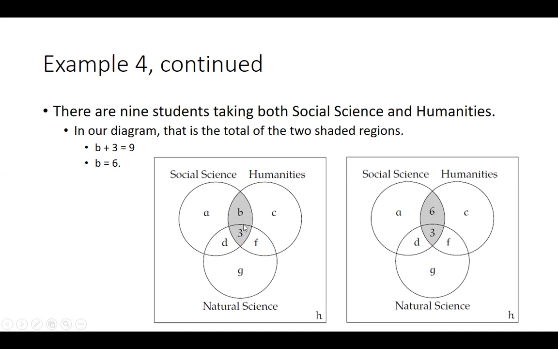So B plus 3 equals the 9 that we were given. If B plus 3 is 9, some algebra tells us that B equals 6. So we can replace B with 6.